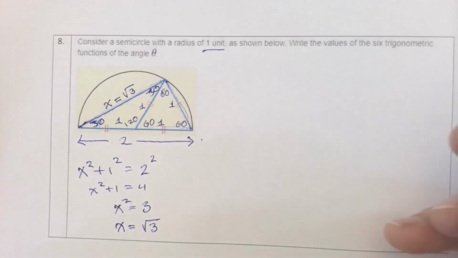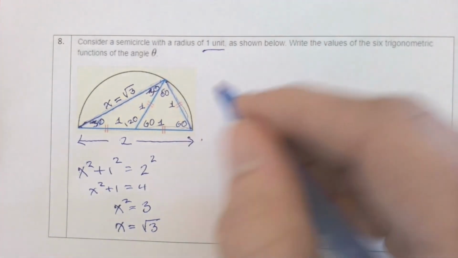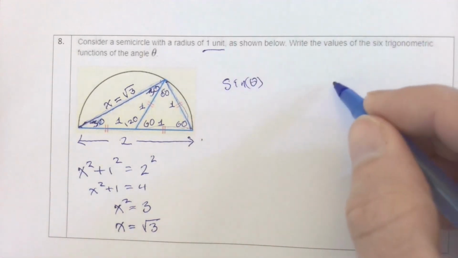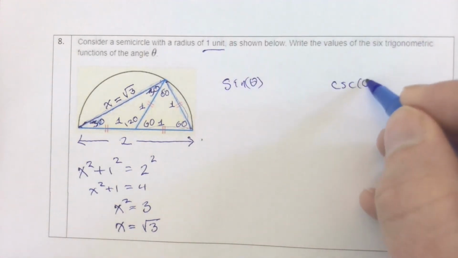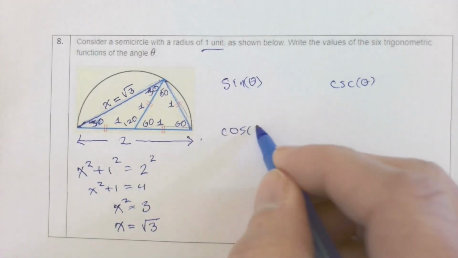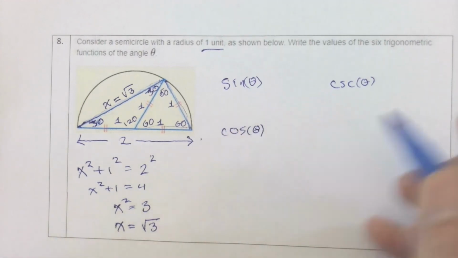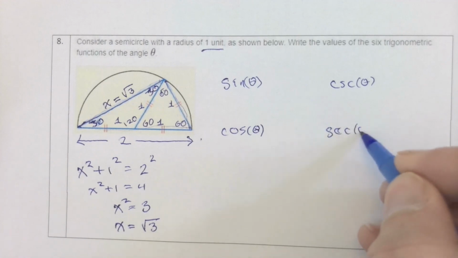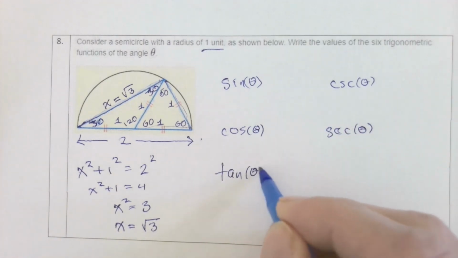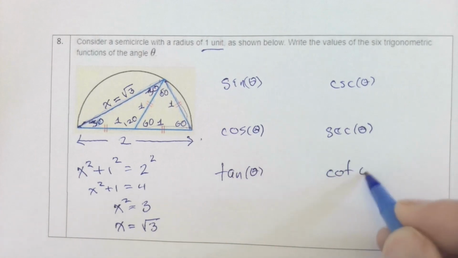we can go ahead and figure out the sine of theta, the cosecant of theta. We can get the cosine of theta, and we can get the secant of theta. We can get the tangent of theta, and we can get the cotangent of theta.